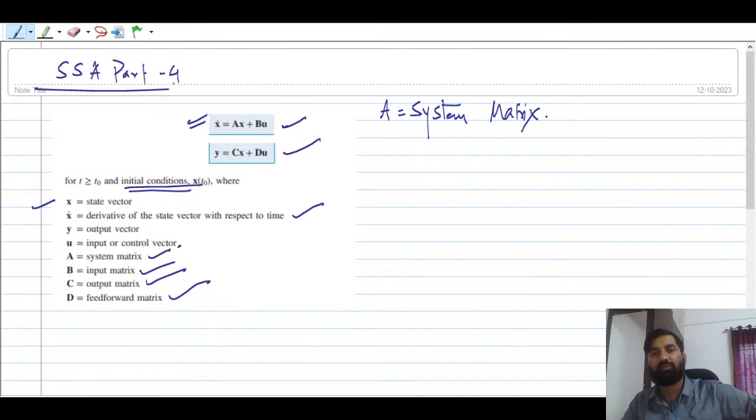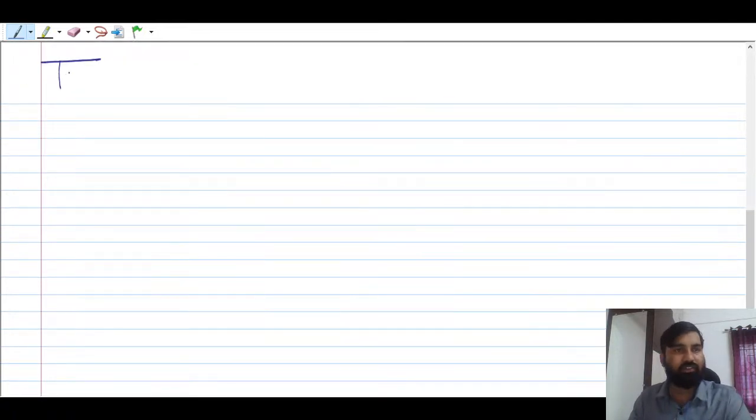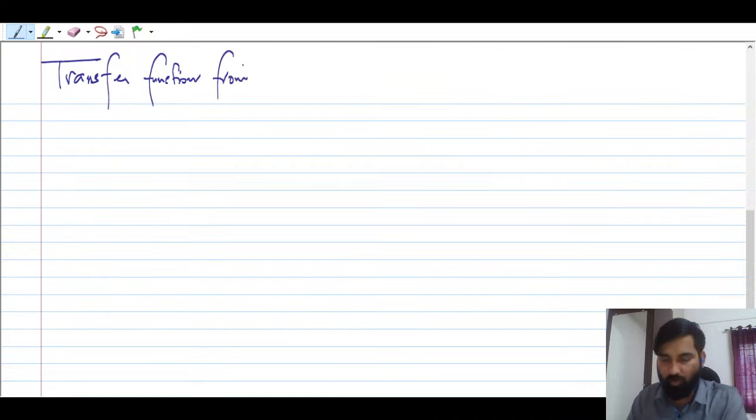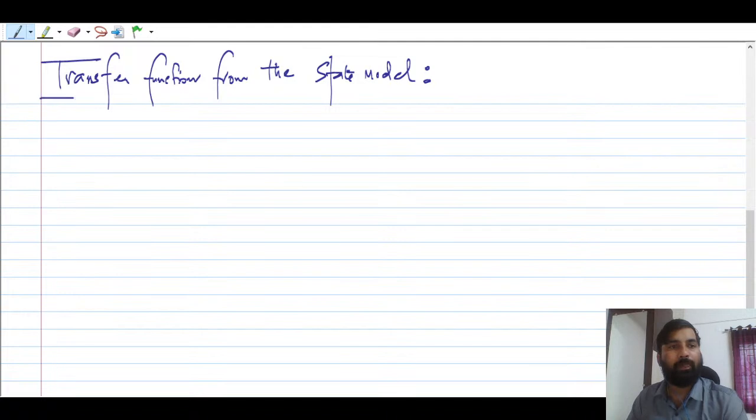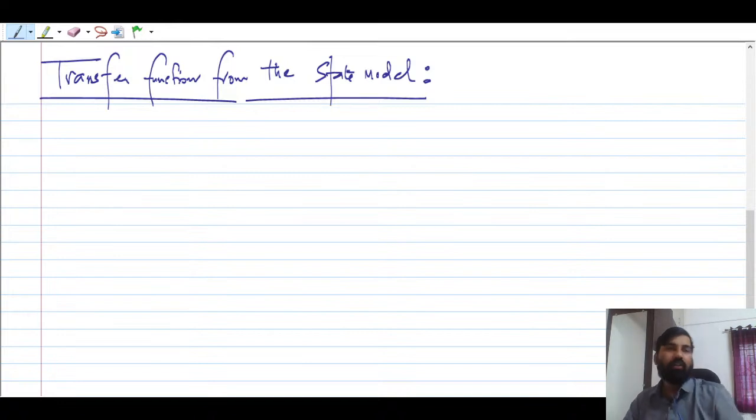The A matrix will be given, the B matrix will be given, and you have to find the transfer function from the state model. It is a very important concept, you have to remember. Control system is almost 8 to 10 marks, and you can easily score if you follow my lectures properly, whatever lectures I'm going to offer.